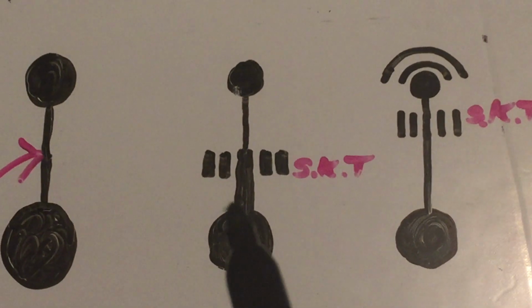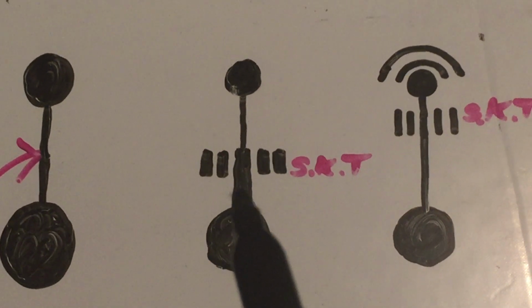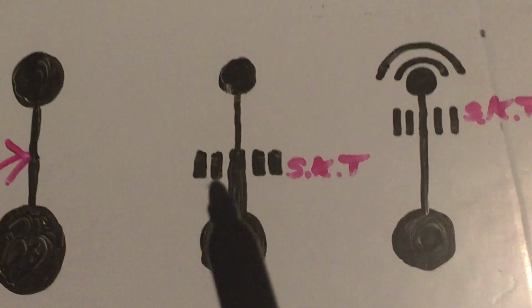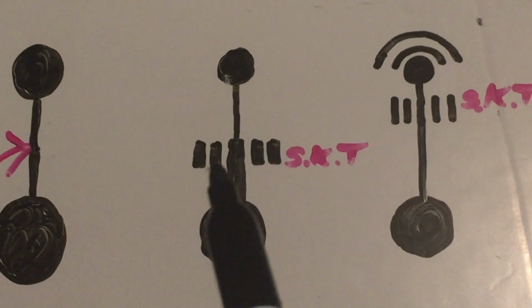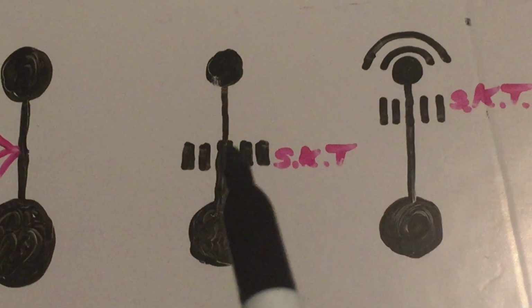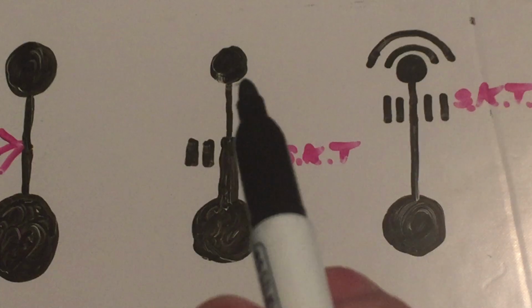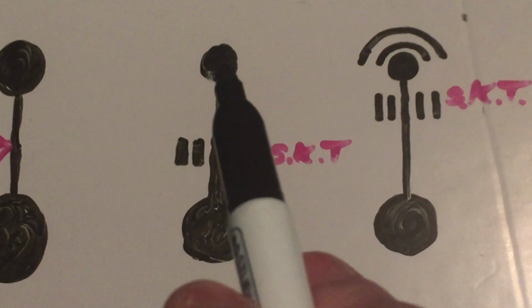Here we see the kinetic transfer seen as these two lines on each side, as energy transferring forward into this circle.